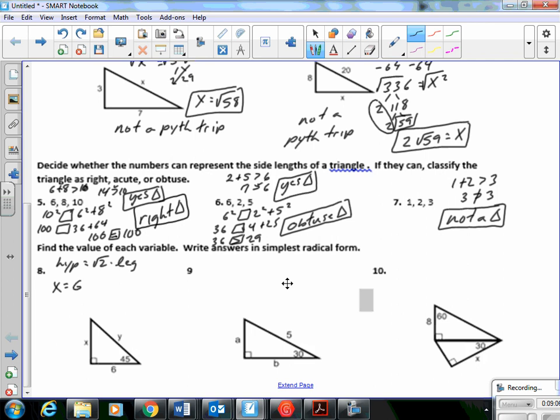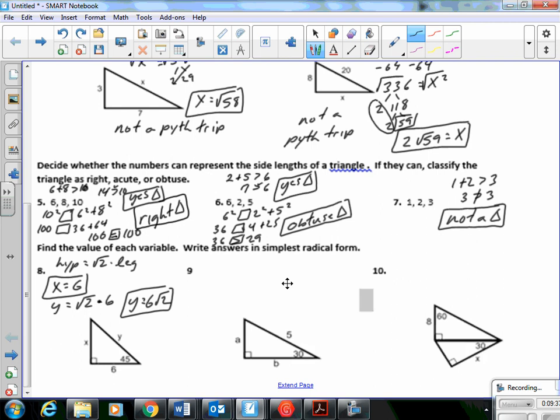And then from there, y, which is the hypotenuse, should be equal to the square root of 2 times a leg, and we know the legs are 6, so y is equal to 6 square roots of 2. So x is 6, y is 6 square roots of 2.